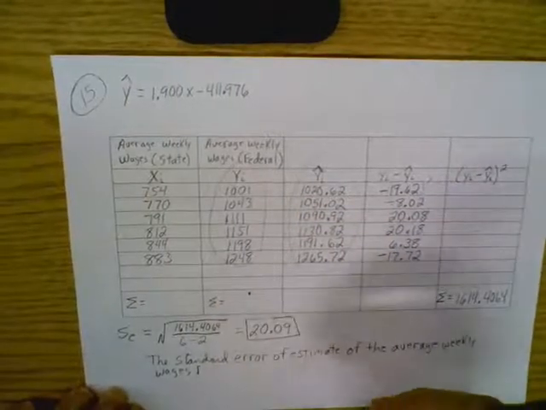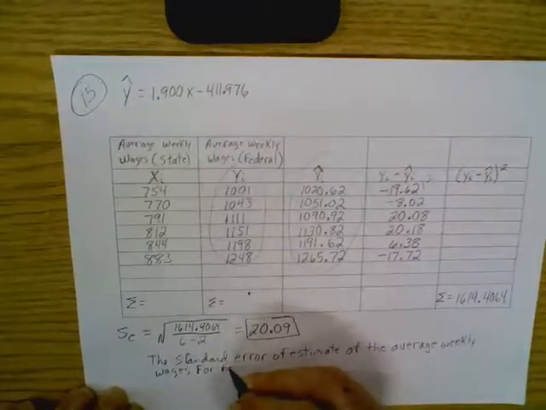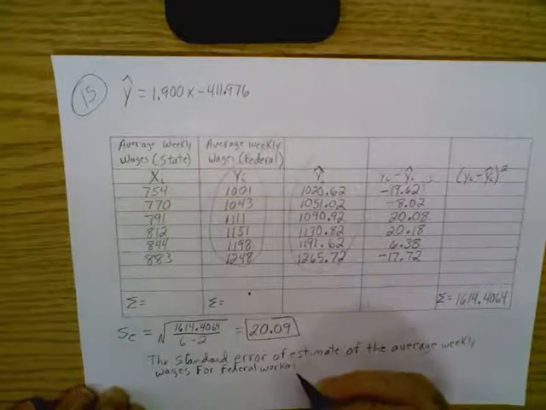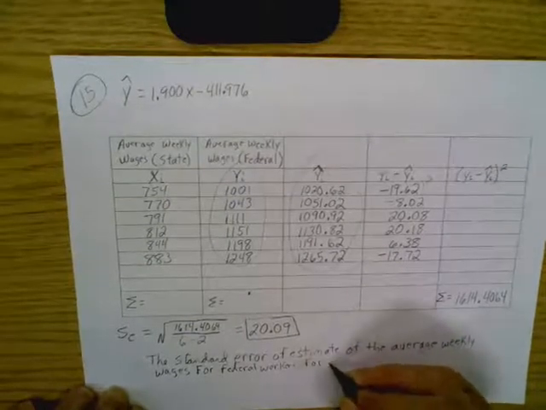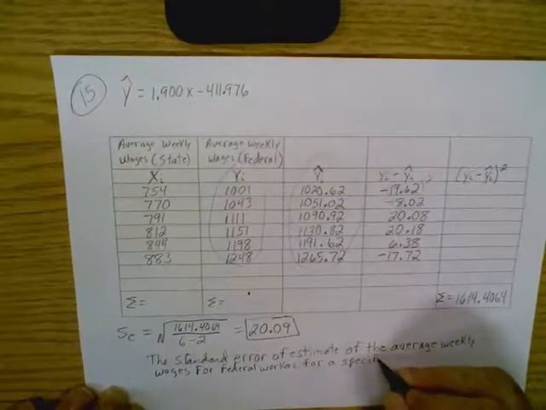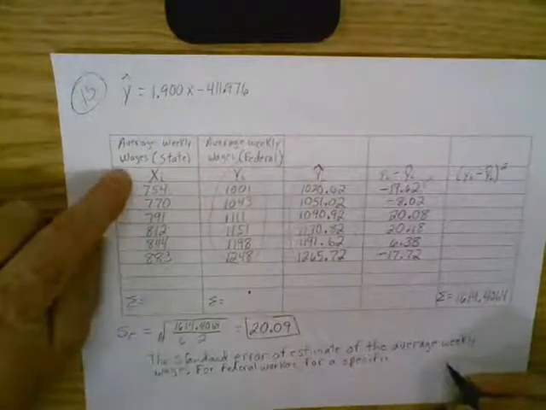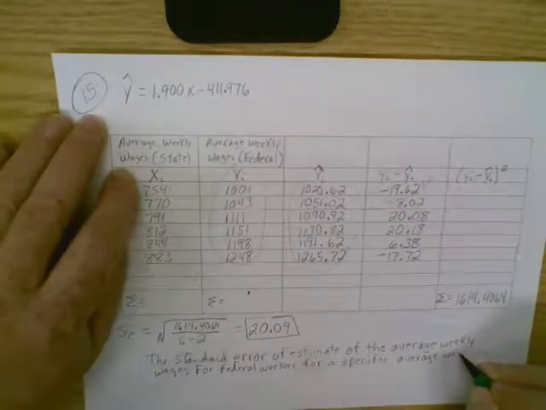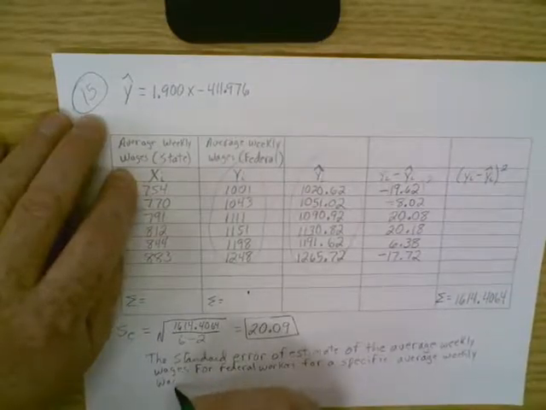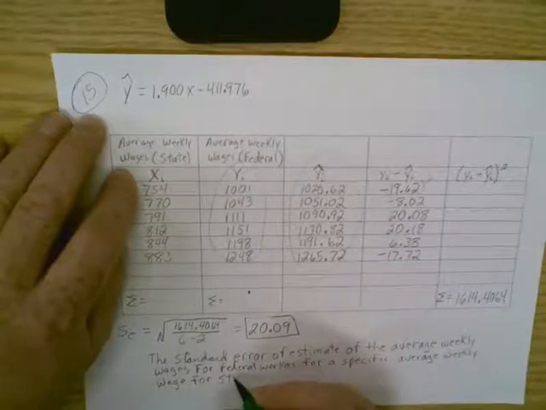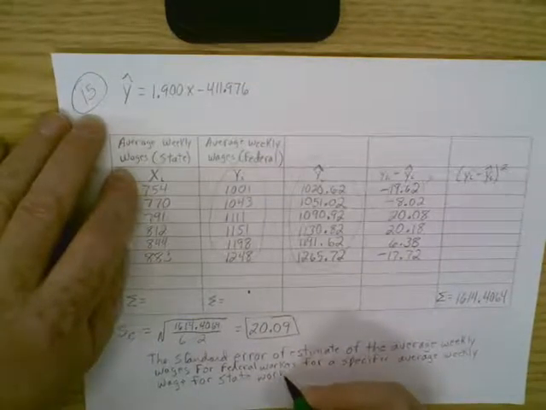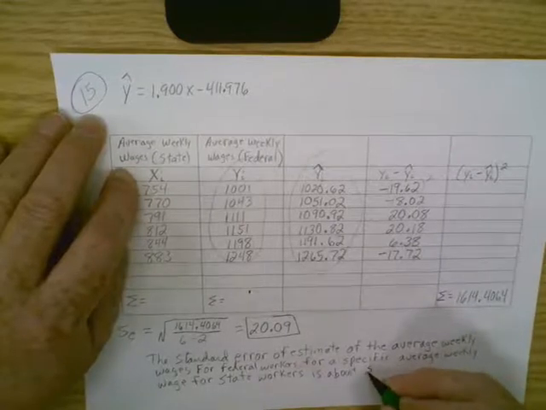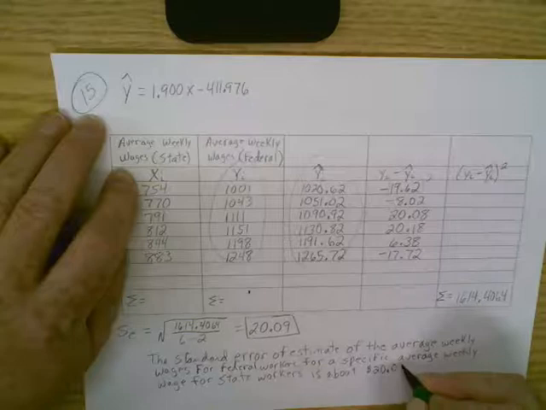So for federal workers, for a specific, and then that's where our X comes in, for a specific average weekly wage for state workers is about, and this is in terms of money, so about $20.09.